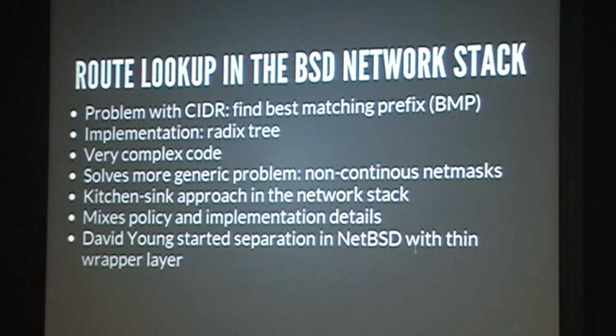So, for example, the question which is the best prefix contains choices of host routes that don't have a netmask, so they are handled differently from prefix length 32, and you can have multiple prefixes with the same length and data part, which one will it pick, and so on. So all of this is nicely hidden away in this hideous complex radix tree implementation. It's not very well hidden, unfortunately.